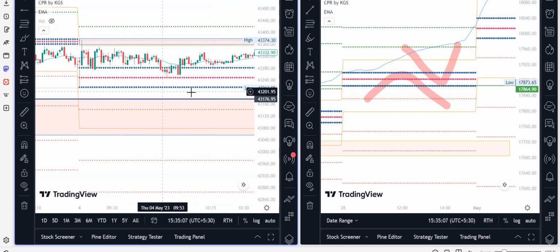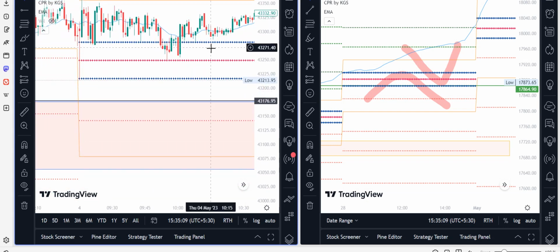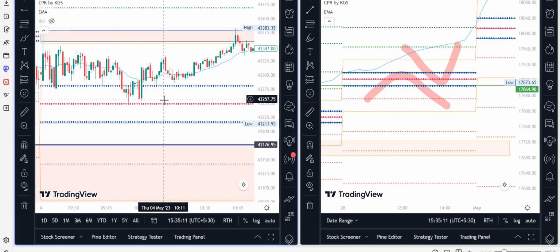Most of the time, scalpers scalp on the 1 minute time frame. For example, with the CPR indicator, if you see a bullish pin bar here, even though this is a red body, it is a bullish pin bar because it indicates that there are lots of buyers present over here.